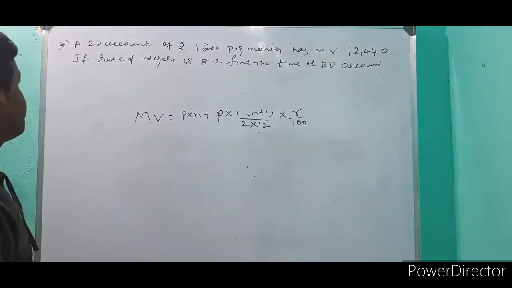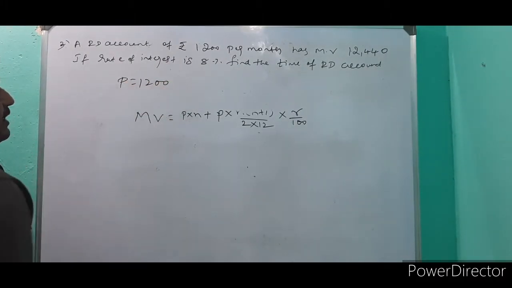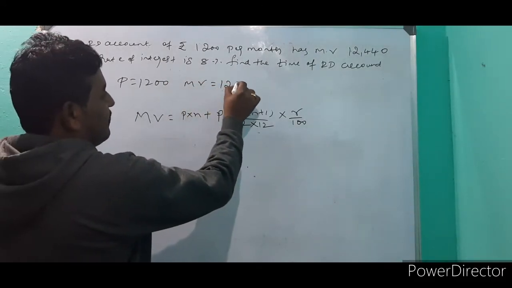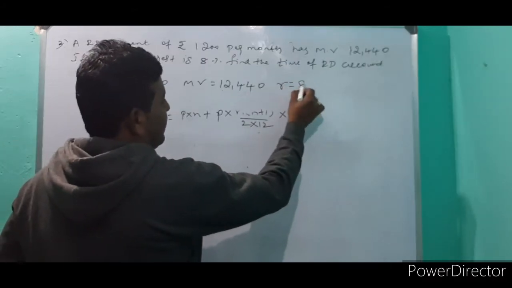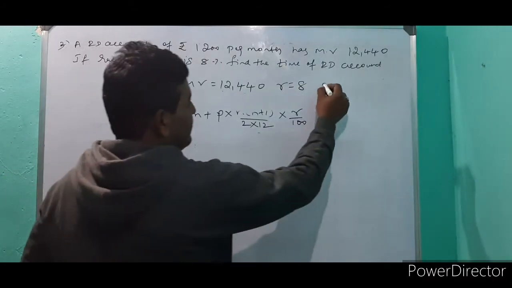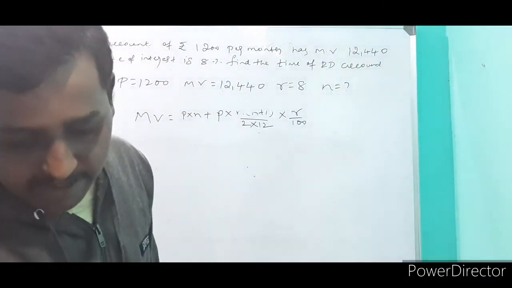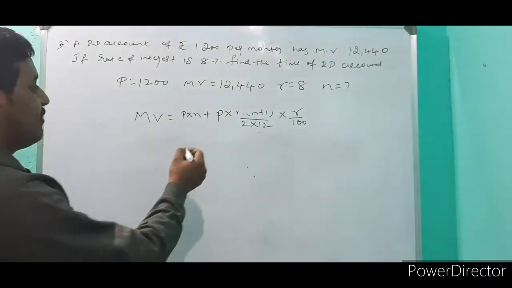I am writing it in short form so you can understand, because this problem is there in your textbook. Here the P value they have given is 1200 and the maturity value 12,440. Rate of interest they have given 8. Time means we have to find N. So for that we know the formula.